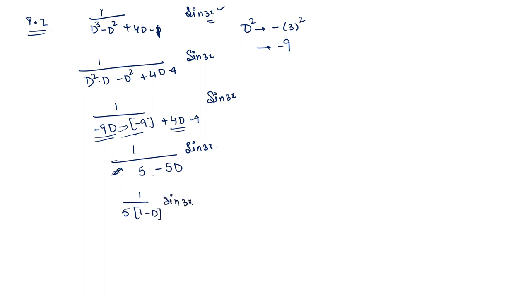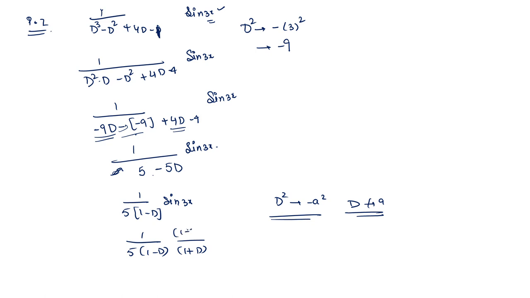Now we know that we can replace D square by minus a square, but I told you D is not replaced by a. So we have to rationalize it. So we multiply and divide by (1 plus D).